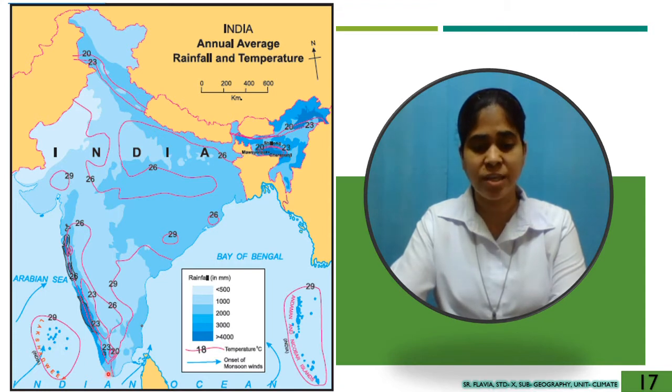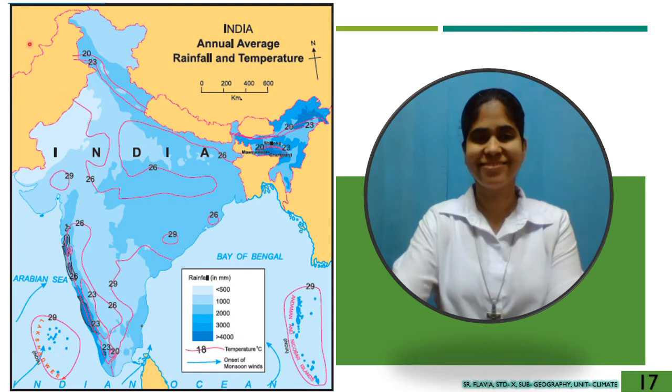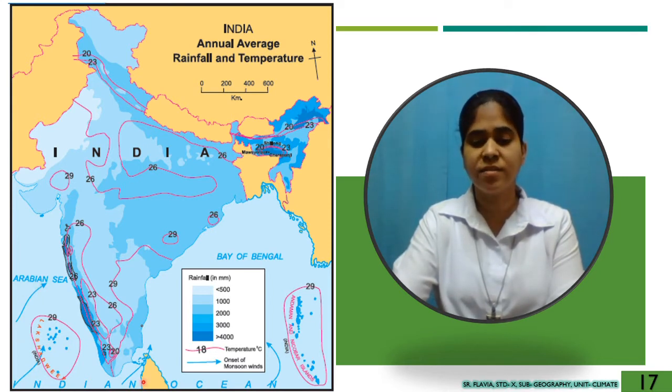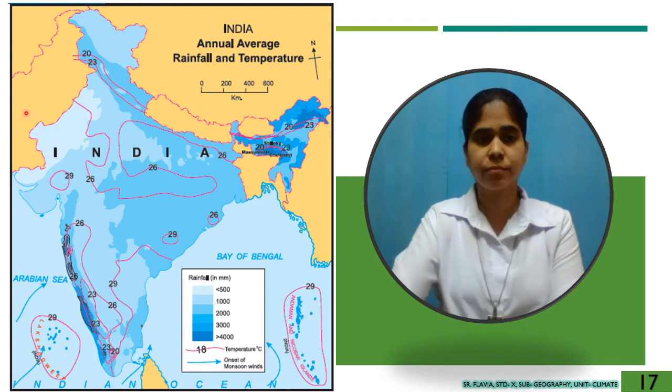These arrows denote the monsoon winds. Now, when these winds reach Kerala, they divide into two. Some winds travel towards the Arabian Sea, and some winds travel towards the Bay of Bengal.